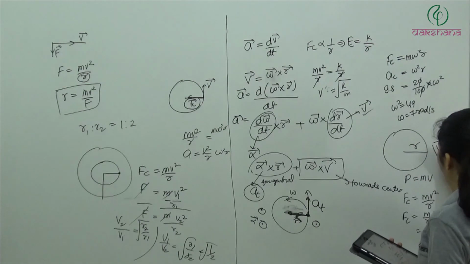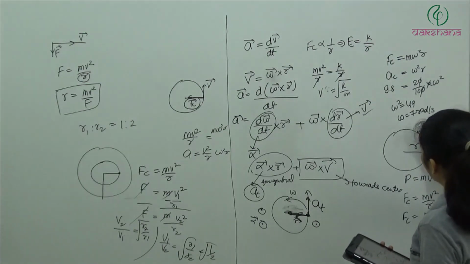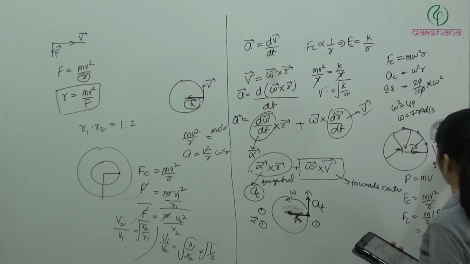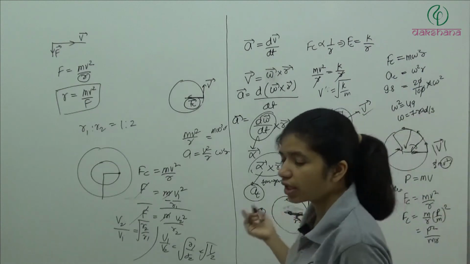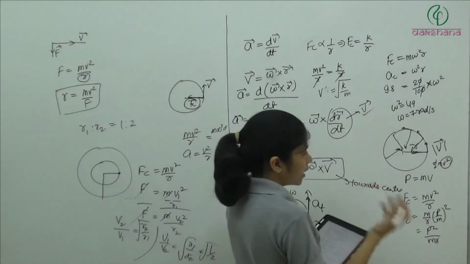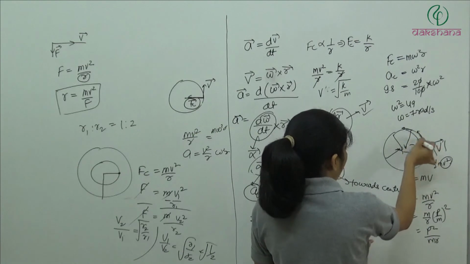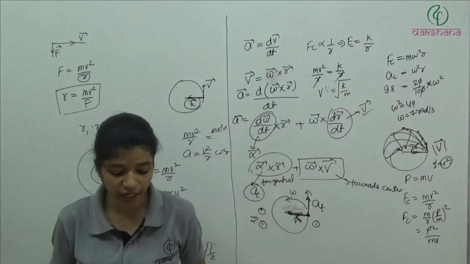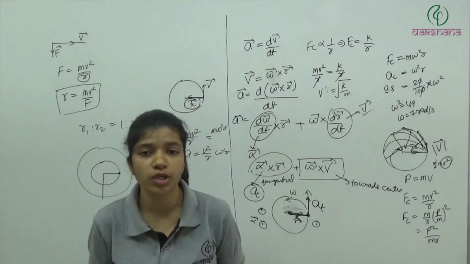Speed is constant, but velocity is all the time changing. Acceleration is all the time changing. But kinetic energy is half mv square. If the magnitude of v is constant, kinetic energy is going to remain constant. And displacement is not constant, because it keeps moving, okay? So here we have constant kinetic energy when the particle is moving in a uniform circular motion.